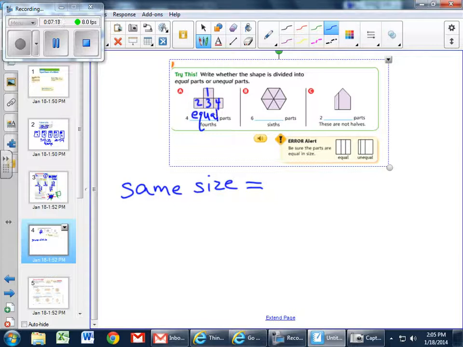Equal equals equal size. If you look at letter B, each one of these triangles is the same size. They're going in different directions, but they're the same shape and they're the same size. So they too are 6 equal parts, which equals a sixth.